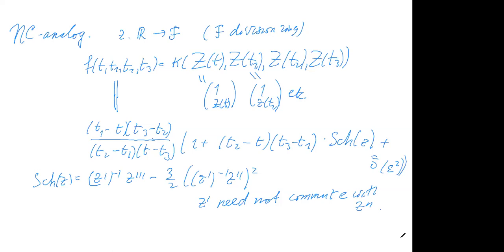Okay, I think one last thing I need to mention before I stop completely is the following observation: one can obtain the noncommutative Schwartz derivative from noncommutative differential equations in a manner very similar to the classical one.